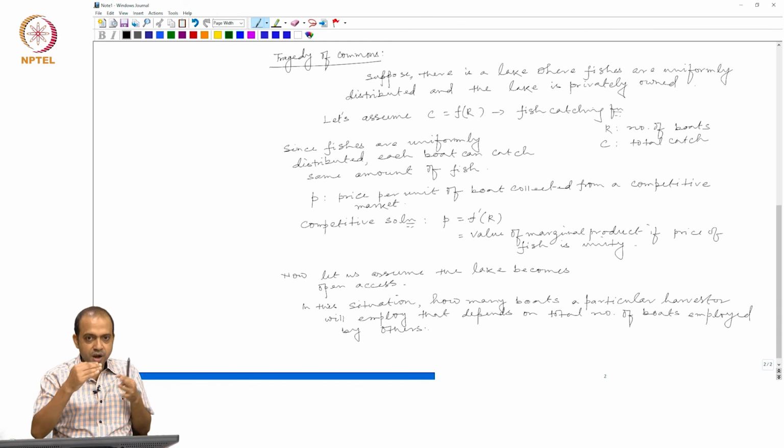So my best strategy depends on the others' best response, which in the language of game theory is called a Nash equilibrium situation.